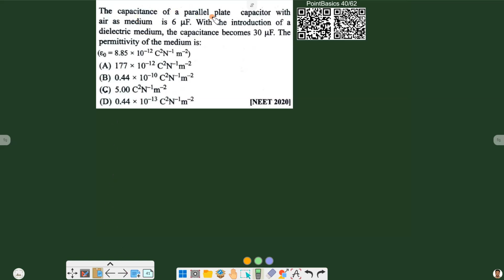Capacitance of a parallel plate capacitor with air as a medium is 6 microfarad. With the introduction of a dielectric medium, capacitance becomes 30 microfarad. We have to find out the permittivity of the medium.